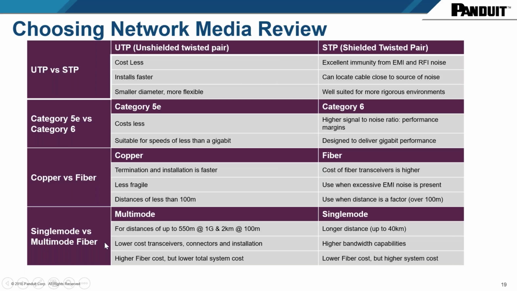So this table is kind of a quick way of deciding, should I use the cost conscious type of unshielded twisted pair versus a shielded twisted pair. So that makes the difference between UTP and STP. And when do we use it? 5E versus type 6 cabling is used in certain areas. So category 6, for instance, is used for higher signal to noise.